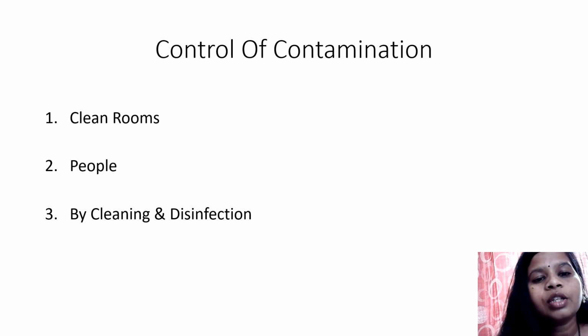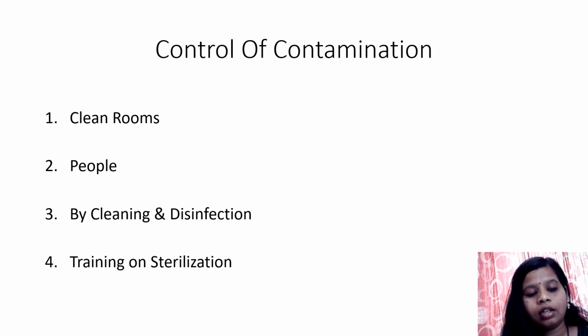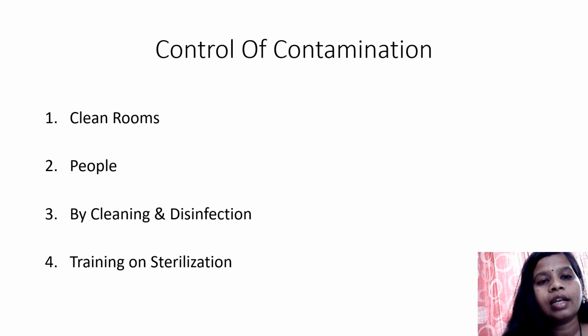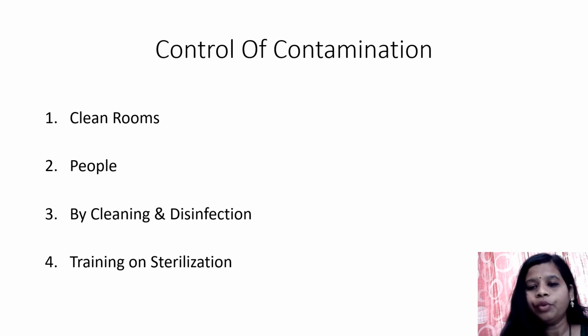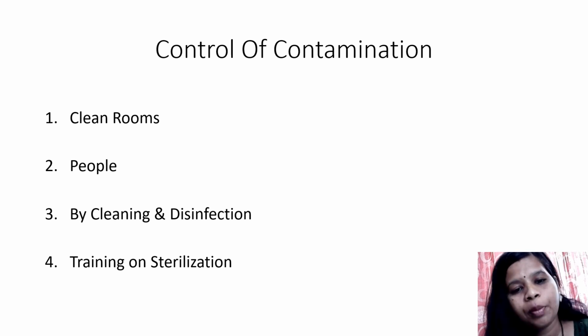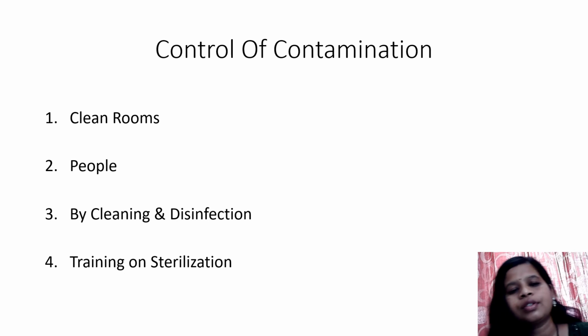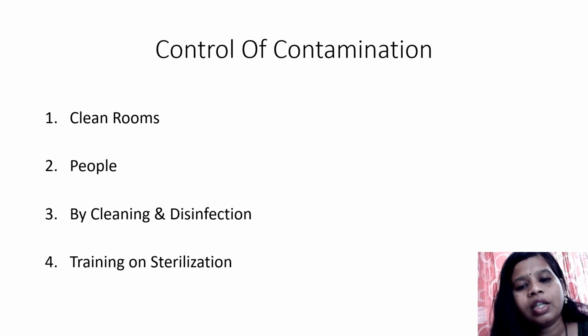Then the next part is the training on sterilization. Whenever we are doing sterilization, we should know for which type of material which type of sterilization we are supposed to use. That we have discussed in the sterilization already.